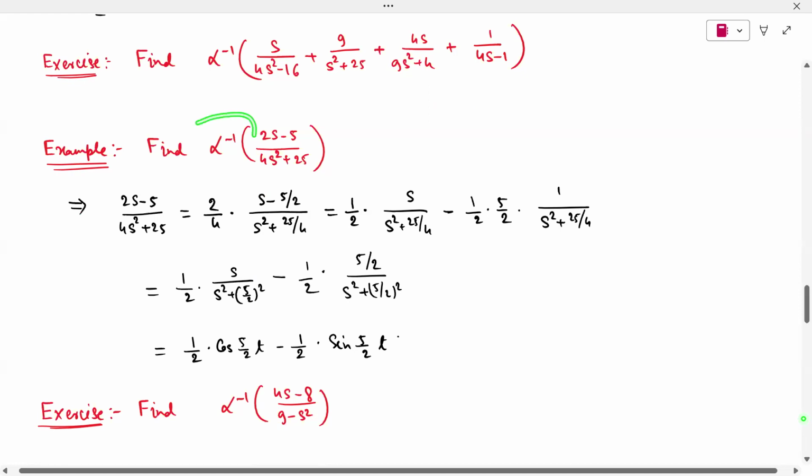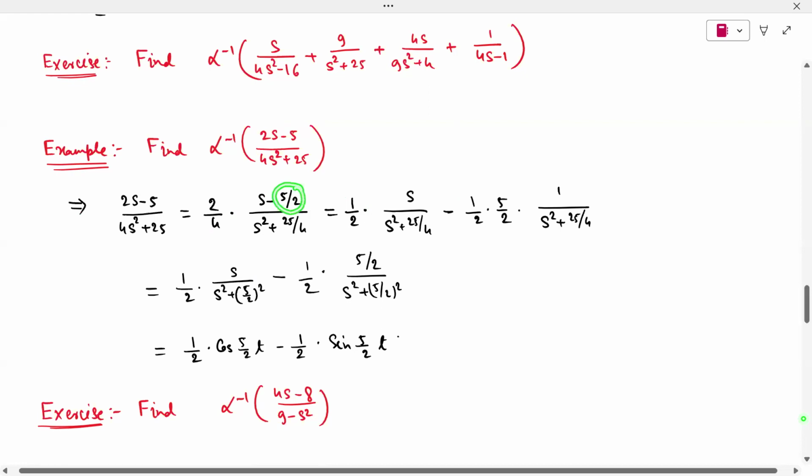So we take out 2 from the numerator, and we get 2 times s minus 5 by 2. In the denominator, we take out 4, so it becomes s square plus 25 by 4. Now this becomes 1 by 2. And this first term we can break, so this can be written as s by s square plus 25 by 4. Half is there.